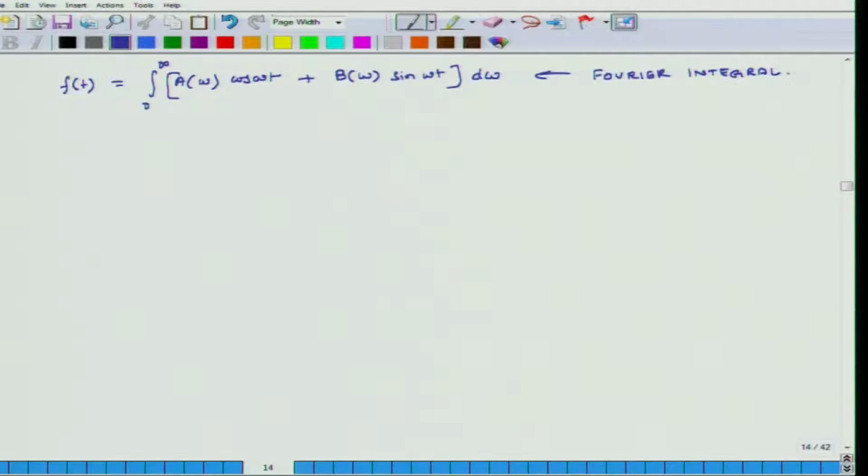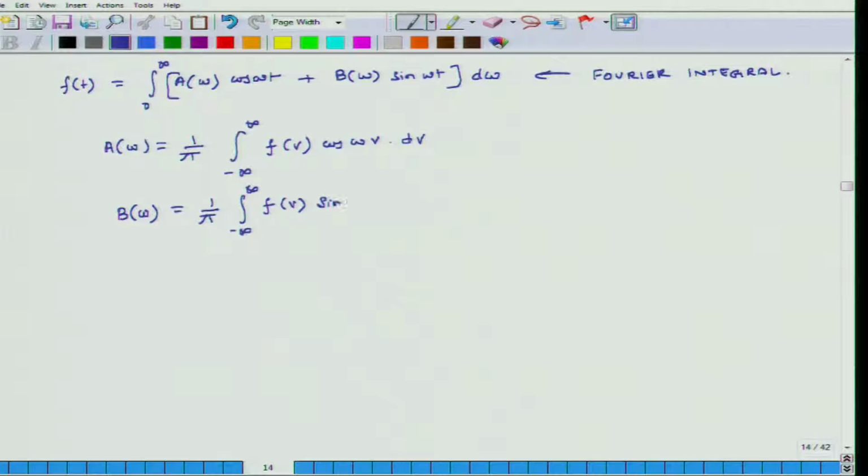And we had seen that a(omega) equals 1 over pi, integral from minus infinity to positive infinity, f(v) cosine of omega v dv, and b(omega) is 1 over pi, integral from minus infinity to infinity f(v) sine of omega v dv.